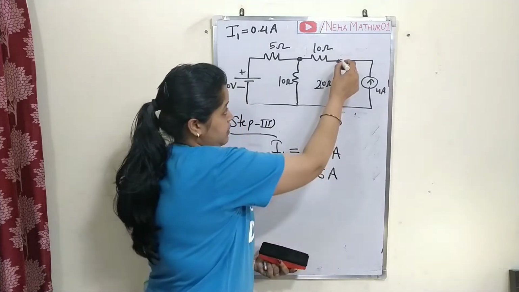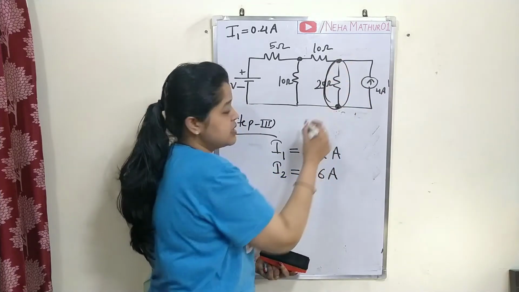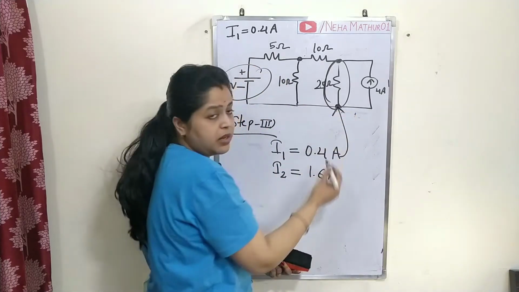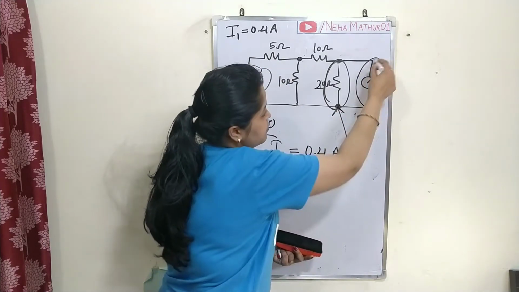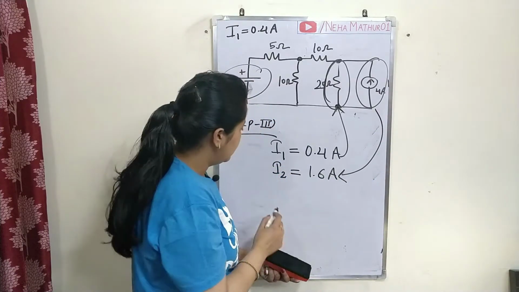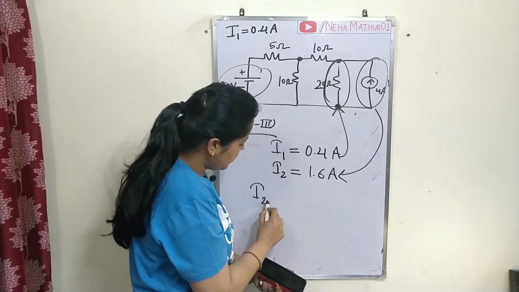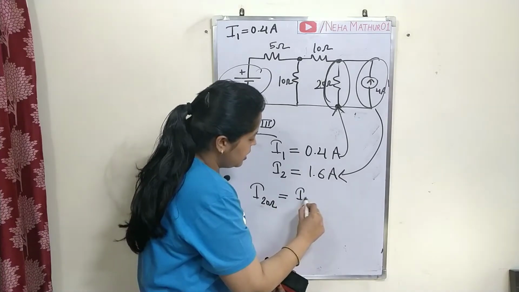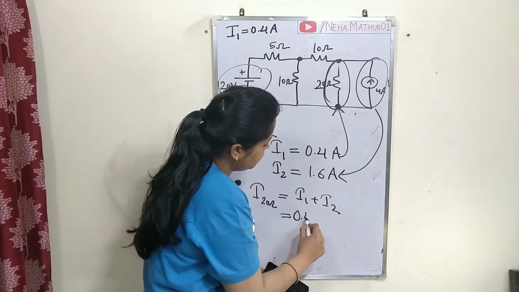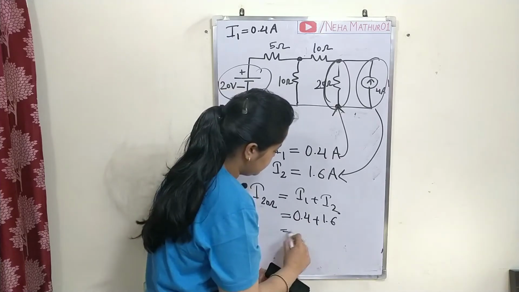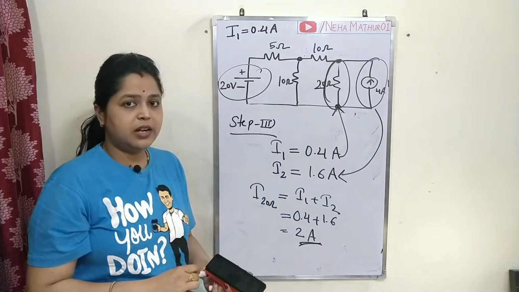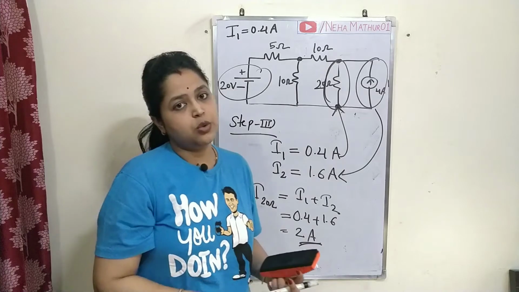So across this 20 ohm resistance, the current because of this 20 volt source is 0.4 ampere, while because of this 4 ampere source it is 1.6 ampere. So your total current across the 20 ohm resistance will be I1 plus I2, that is 0.4 plus 1.6, it will be 2 ampere. So 2 ampere is the total current flowing across the 20 ohm resistor.